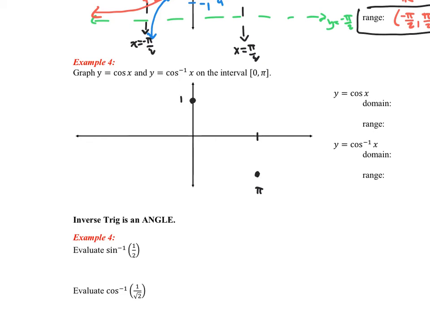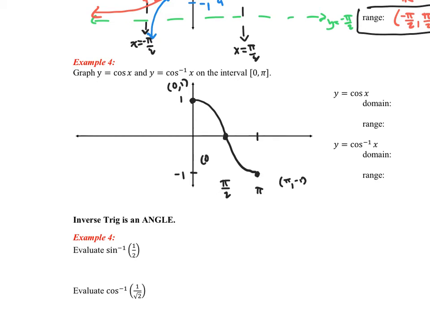So here's 1, here's negative 1, here's pi over 2, and we've got, oops, that was poorly done. Just like that. Okay, so here's the point pi comma negative 1. Here's the point 0 comma 1.